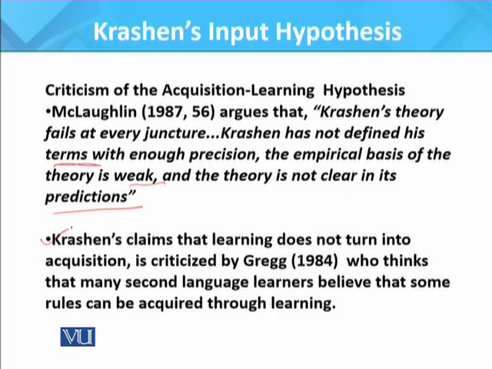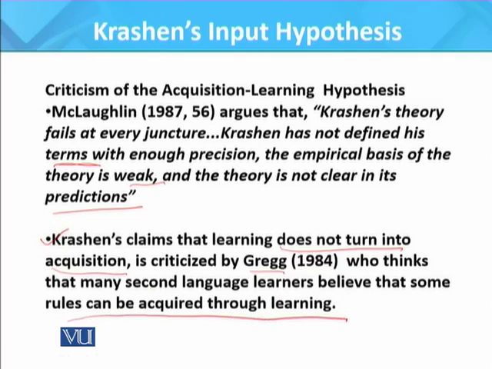Another researcher criticizes Krashen's claim that learning does not turn into acquisition. This is criticized by Gregg, who thinks that many second language learners believe that some rules can be acquired through learning.